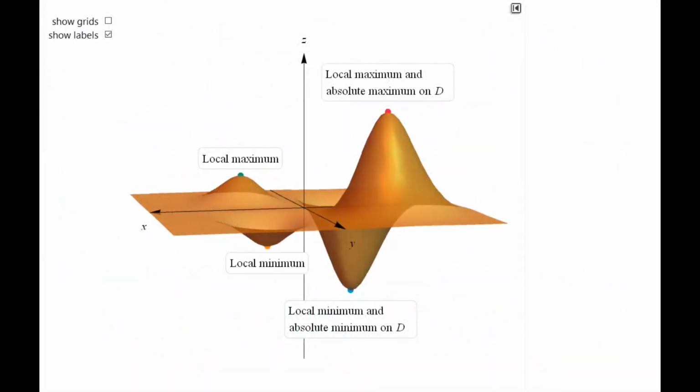So how do local extrema look for functions of two variables? Well, here we have the graph of a function of two variables, and you can see that the local maxima are located at the top of the hill, the top of the peak. And the local minima are at the bottom of, let's call it a crater.